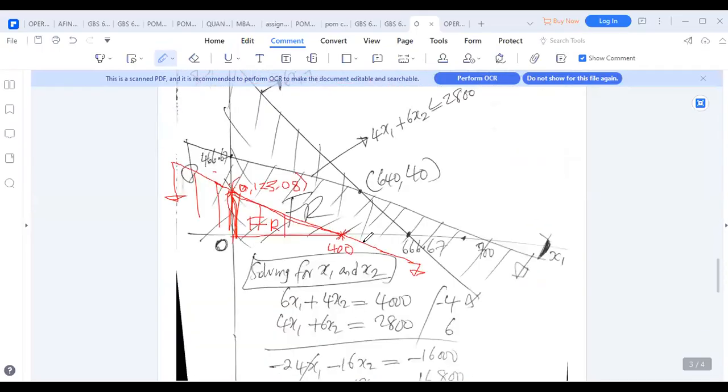So this one is for constraint 3, where we said 20x1 plus 65x2, which was less or equal to 8,000. All right.